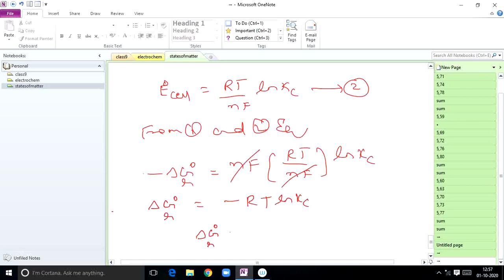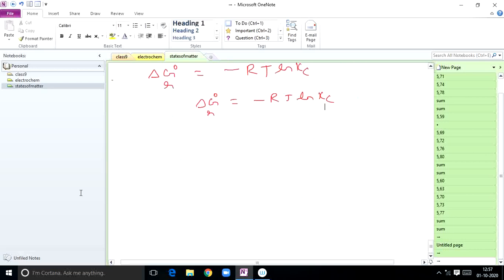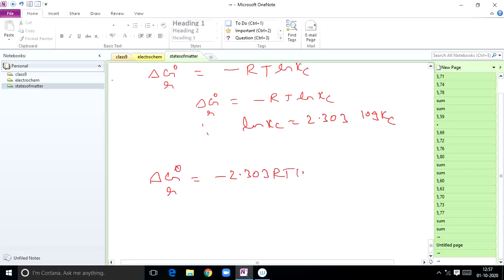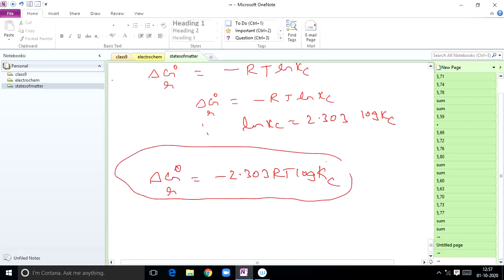After this, you know ln Kc can be written as 2.303 log Kc, converting natural logarithm into normal logarithm. So substitute here: delta G naught R is equal to minus 2.303 RT log Kc. I think you did numericals based on this.